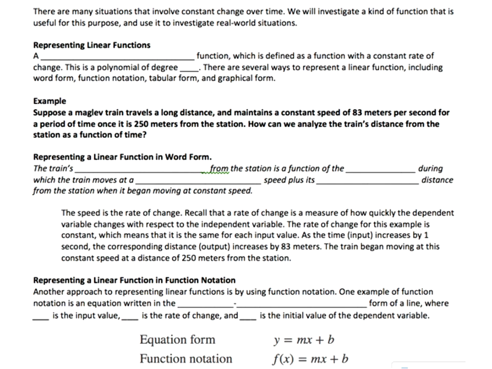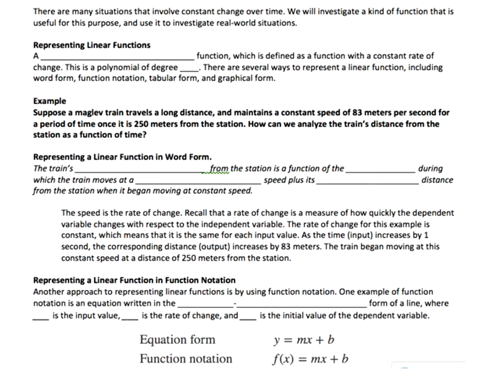Okay, so there are many situations that involve constant change over time. And when we're talking about constant change, that brings us into the realm of linear functions. We've already talked about rates of change, and this should feel very familiar to you from our discussion.